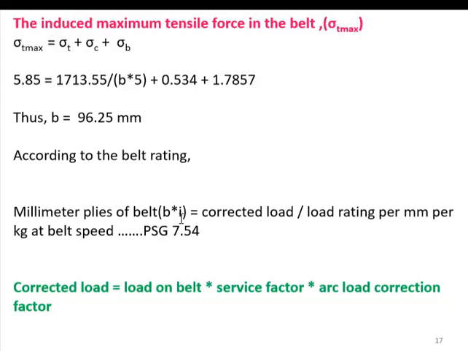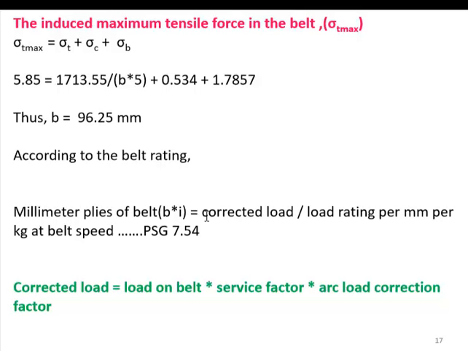So B and I are important factors that we need to state while we select a belt from the vendor. Now the formula millimeter plies of belt appears in PSG 7.54, and you will get the value of B into I if you divide the corrected load by the load rating per mm per kg at belt speed.